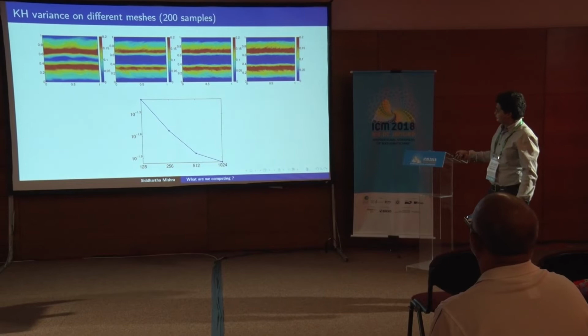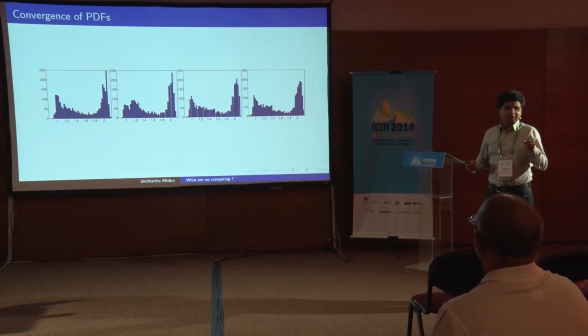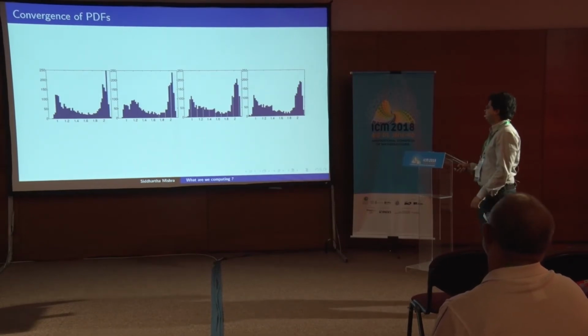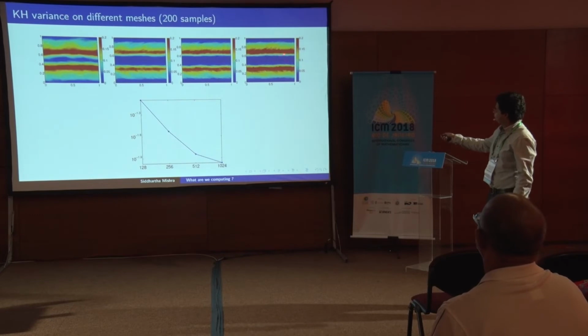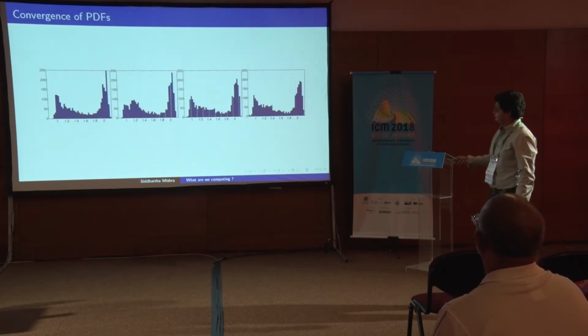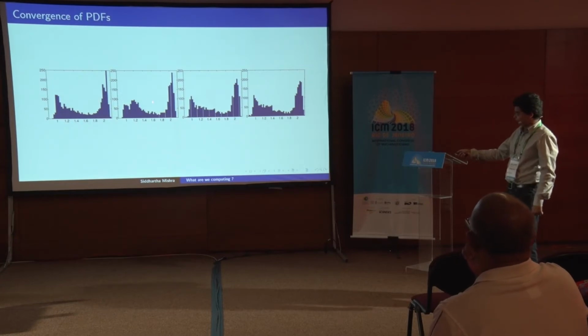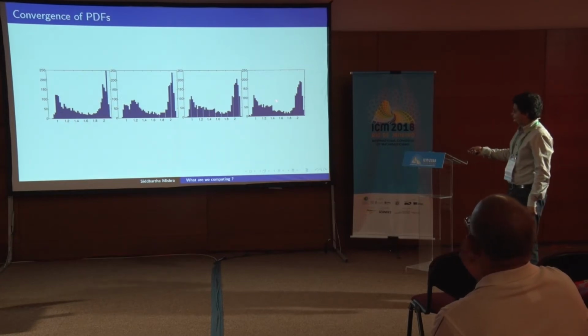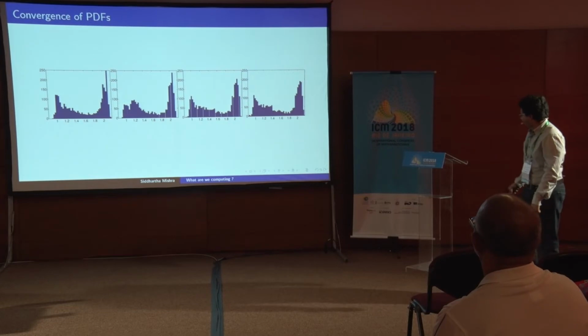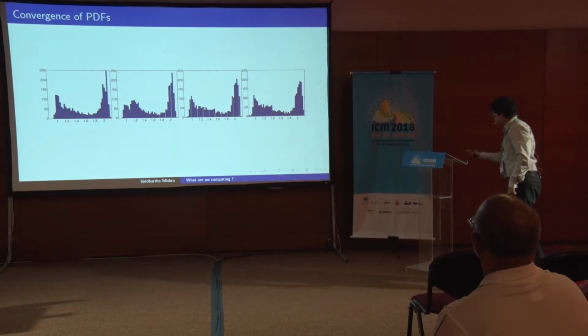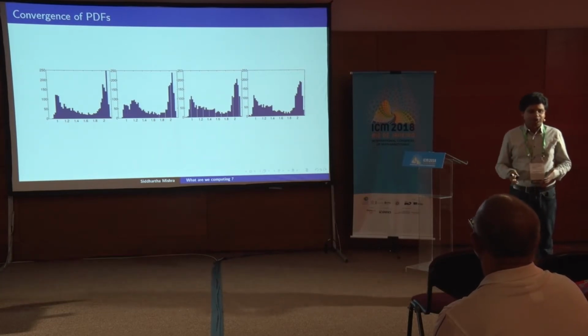And then, remember that the Young measure is nothing but a PDF, a probability density function. So I fix a particular point, and I compute the probability density function with resolution. So this is 128 squared, 256 squared, 512 squared, 1024 squared. You can see that there is some very nice convergence even of these quantities.